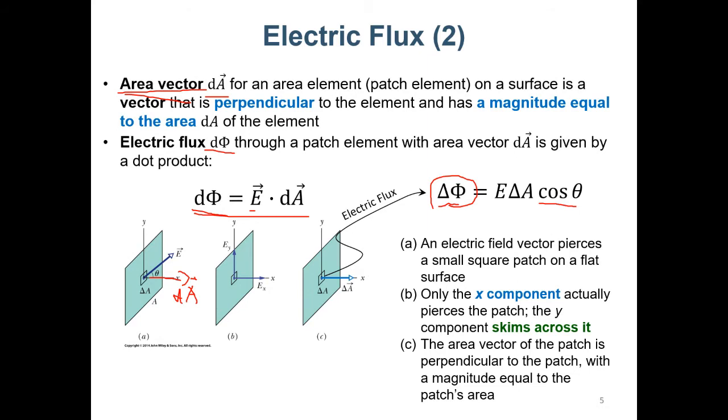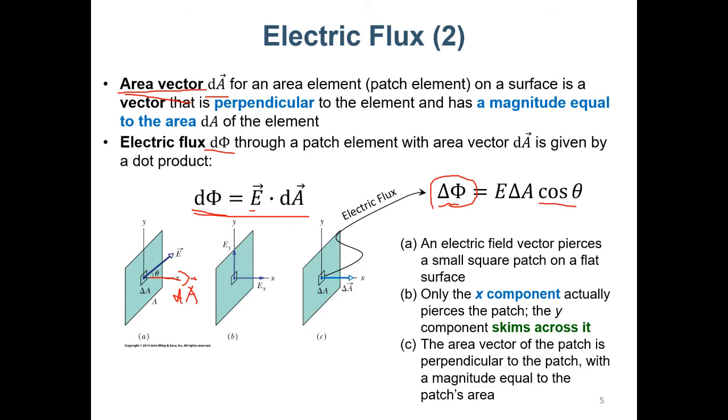So here it tells you that an E field vector pierces a small square patch on a flat surface. Only the x component actually pierces. In this case, this area is on the YZ plane, so dA is on the positive x-axis.